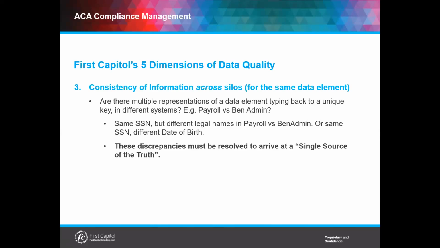Does the legal name, for example, that links back to social security number match in payroll versus the benefits administration? The legal name is going to be critical because that legal name is what gets populated on the 1095-C schedule. So these discrepancies, and again, we generally see a 5 to 10% discrepancy level between payroll and benefits administration, need to be resolved to be able to adequately arrive at a single source of truth.